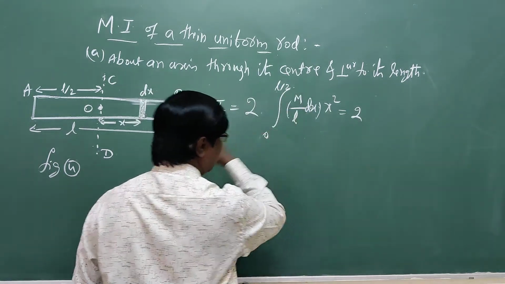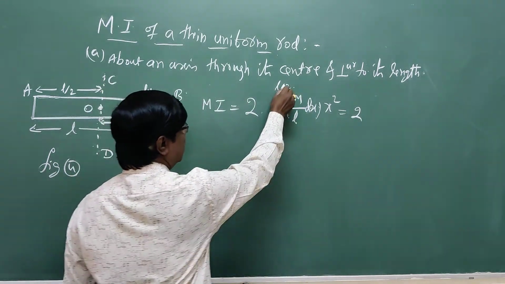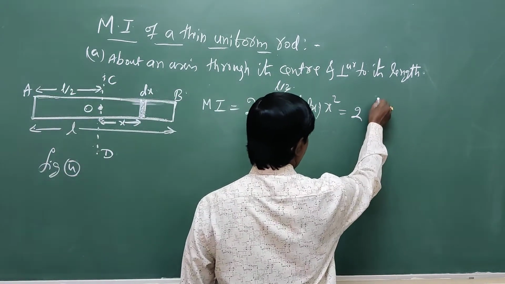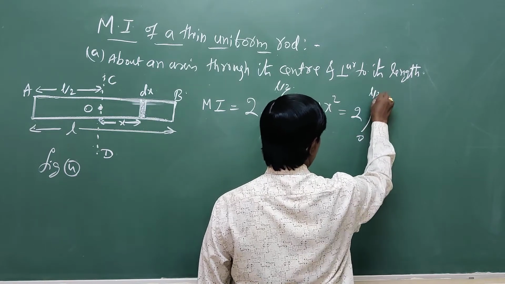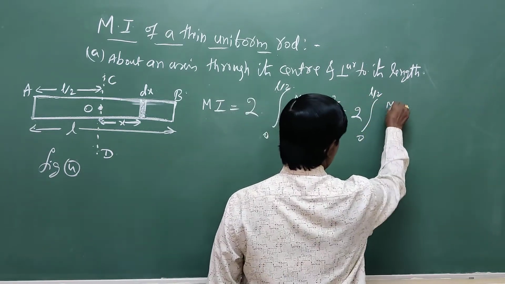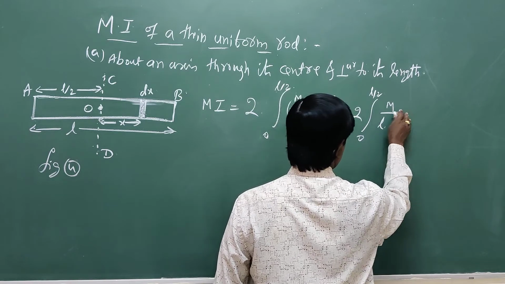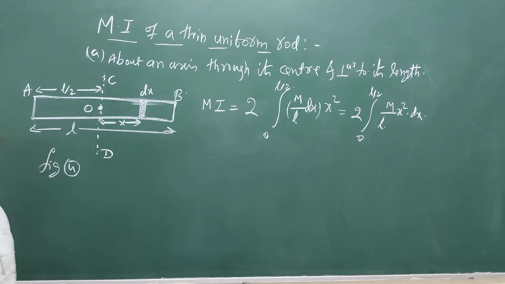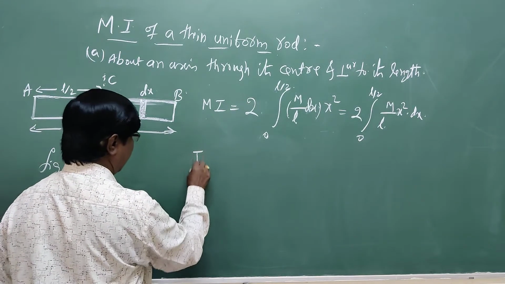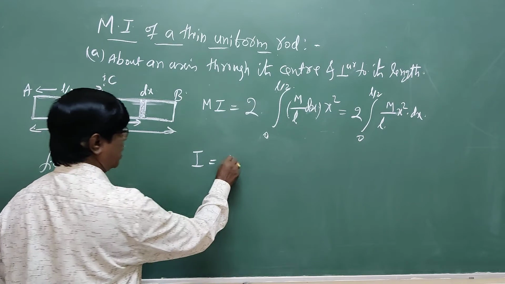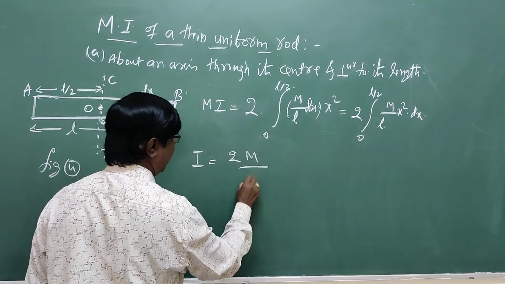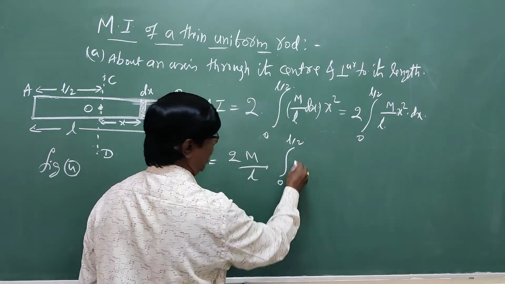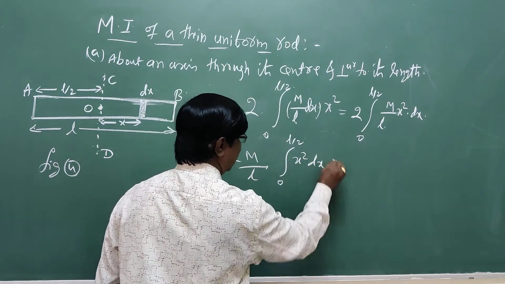If you integrate this moment of inertia of the element from 0 to L by 2, what you have to write is 2 as it is, integration 0 to L by 2 of m divided by L x square into dx. Or this can be written as the moment of inertia of the rod is 2m divided by L, integration 0 to L by 2 of x square dx.